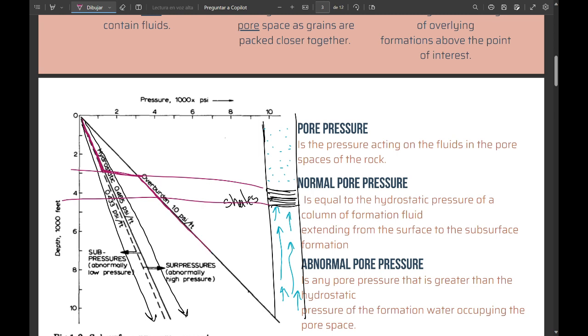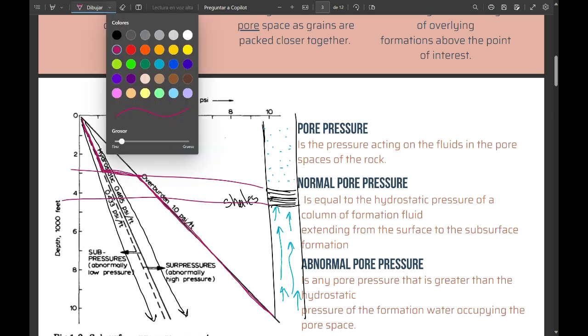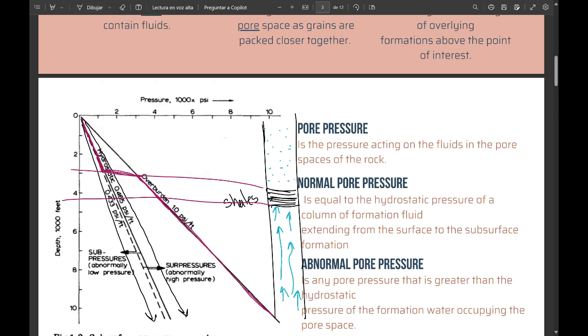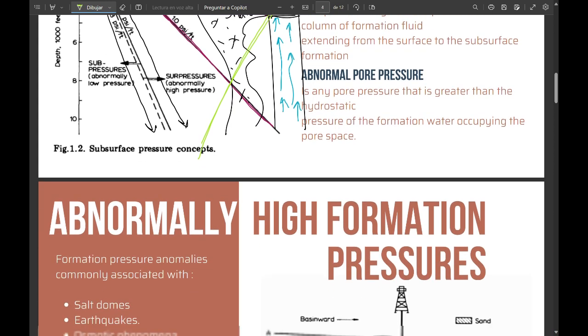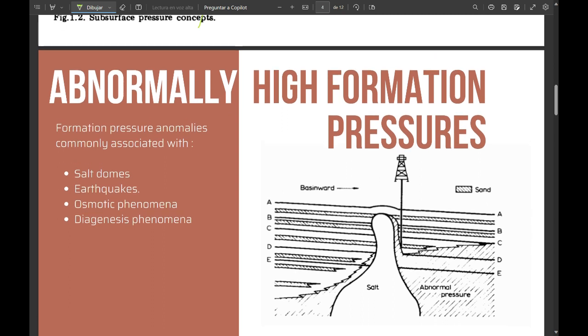And then we pass the overburden. Okay, so we have this dynamic that will cause, for example, if we have a salt dome or a fault, the same thing is going to happen.